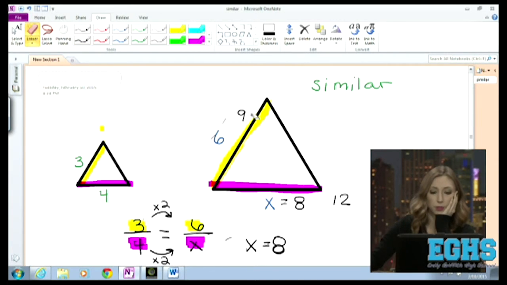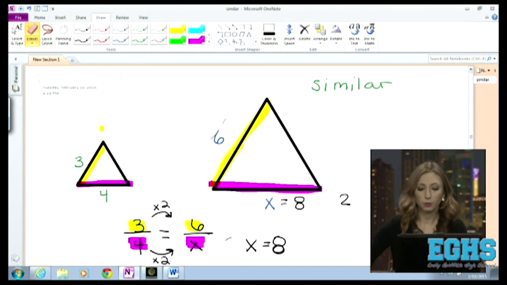Anything that really is proportional. So really that's what similar means: the corresponding side lengths are proportional to each other. And I just gave a little bit of an example to help with that idea. But without a specific question, it's hard to answer more than just what it is. So hopefully that helps.